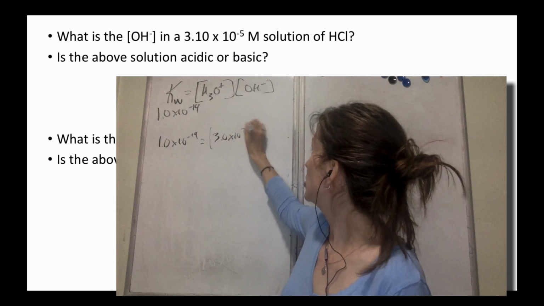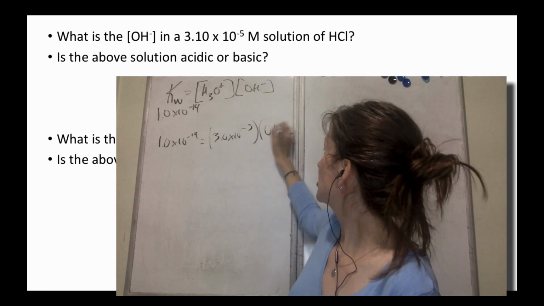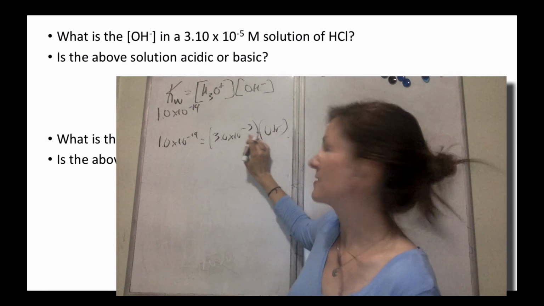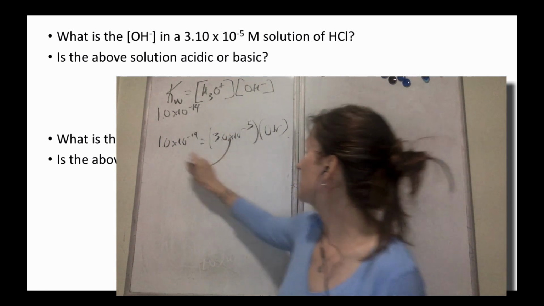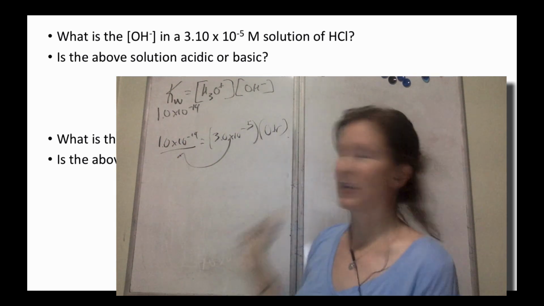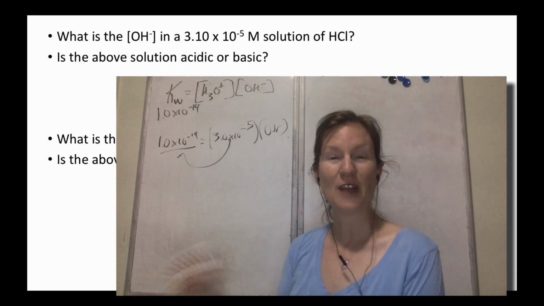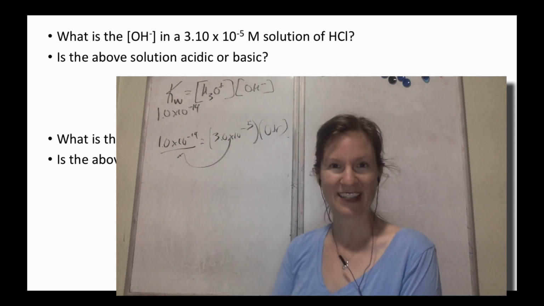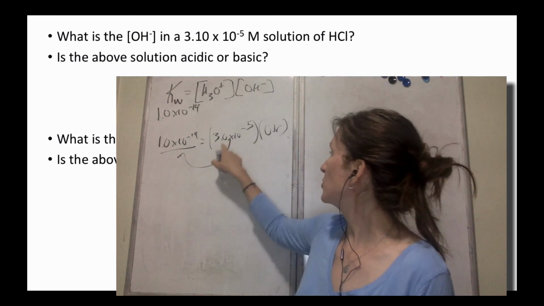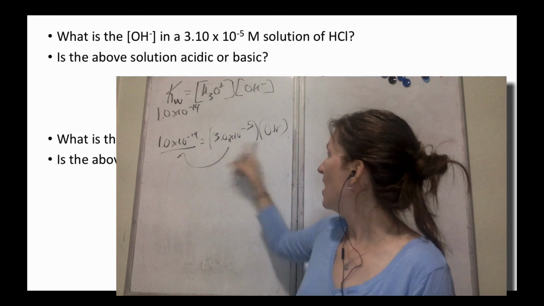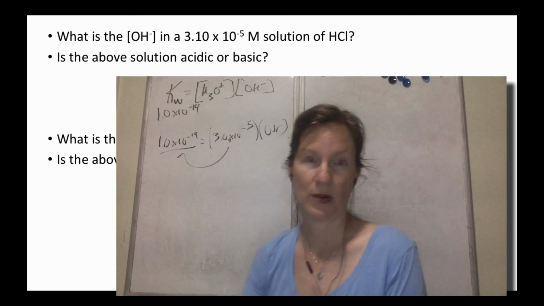And what I don't know is the concentration of OH. So that's the part that I'll solve for. Essentially, Kw divided by the acid will give you the base, and Kw divided by the base will give you the acid. Either way, make sure when you put this in your calculator, you put this into a parenthesis. Otherwise, it will give you the wrong exponent.